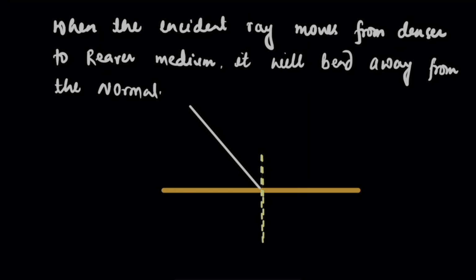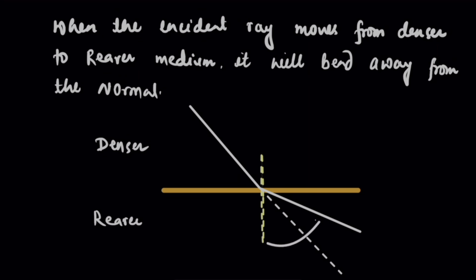So what will happen? Incident ray will move away from the normal. So in this case, the refracted ray will move away from the normal. If there is no transparent medium, then it has to move in this direction. But because of denser to rarer medium, it will move away from the normal.